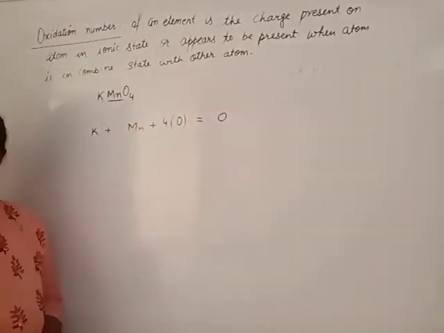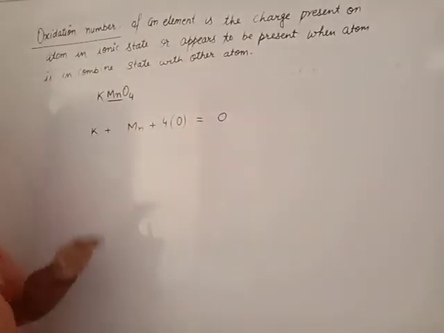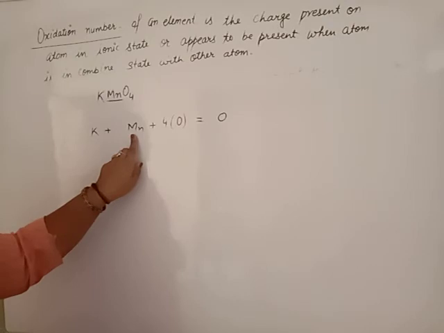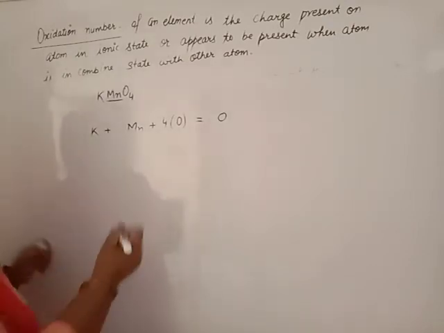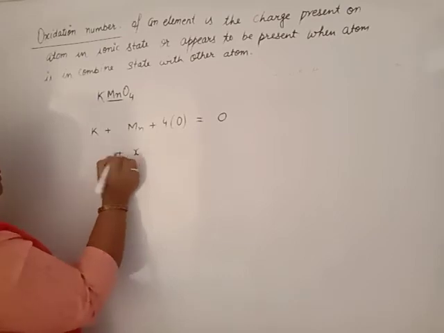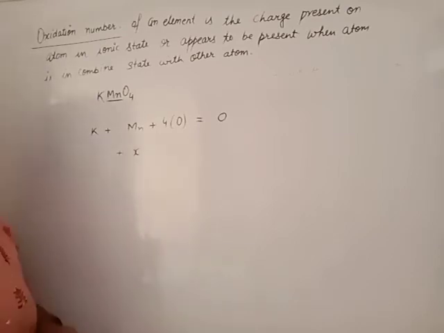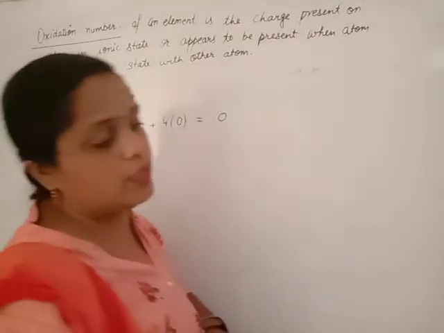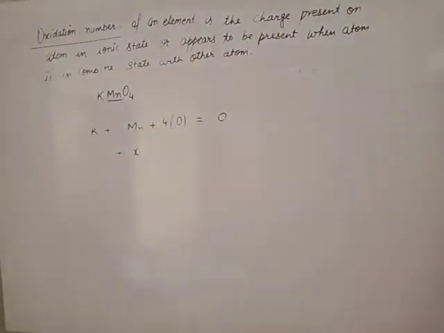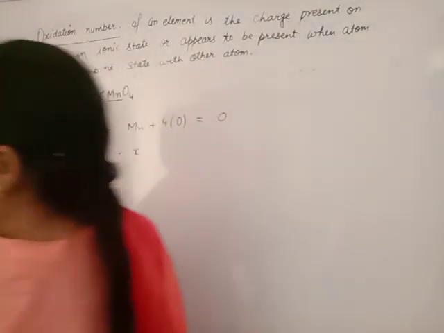It is our last rule. Now you want to calculate the oxidation number of manganese. Suppose it will be X. What is the oxidation number of potassium? Beta, potassium has only 1 electron in outermost shell, so it has tendency to lose this 1 electron to form +1 oxidation state.